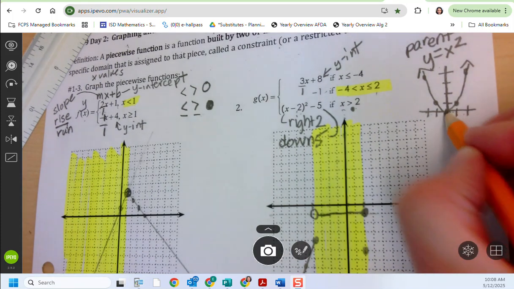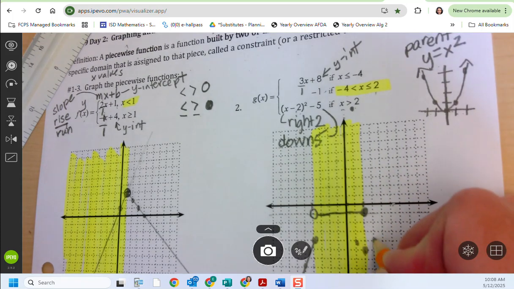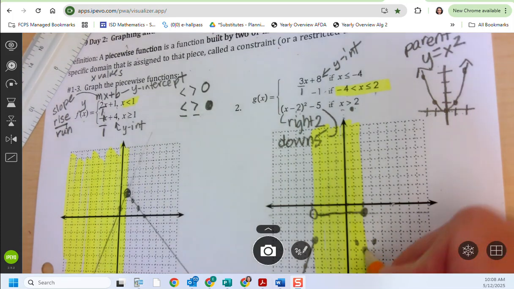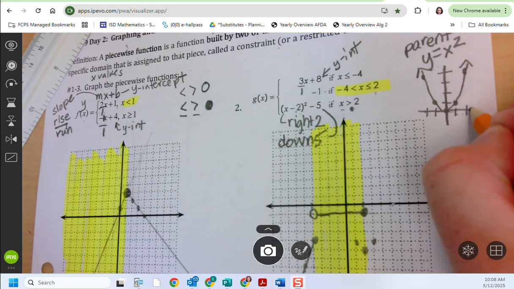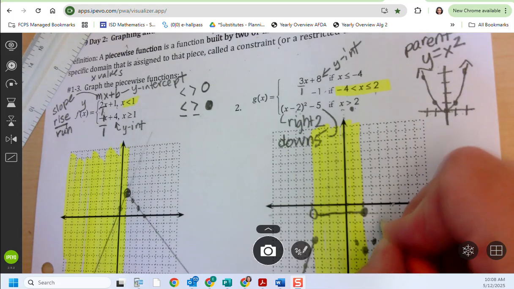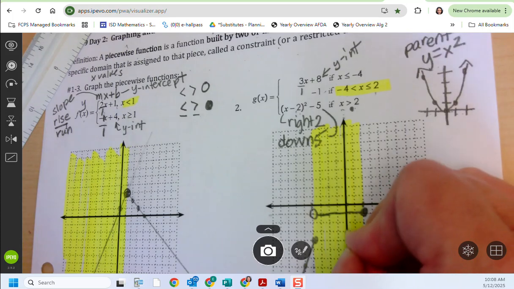So the parent function goes over 1 and up 1 on each side. Going back to the vertex, the parent function goes over 2 and up 4 on both sides. So from the vertex, over 2 and up 1, 2, 3, 4. Over 2 and up 1, 2, 3, 4.